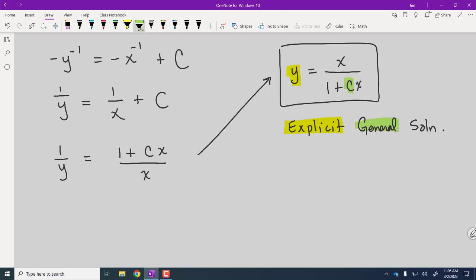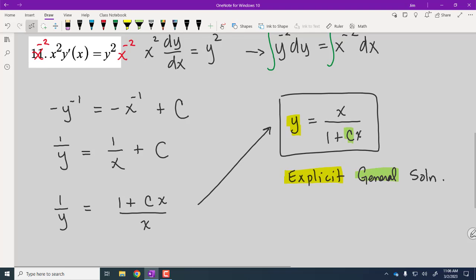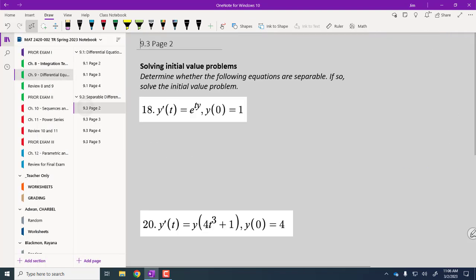So if you were to take that function right there, take its derivative and plug it back in there, you would get a true statement. Get an identity. Any algebra issues? All make sense? No algebra drama? All right, let's go to another one.